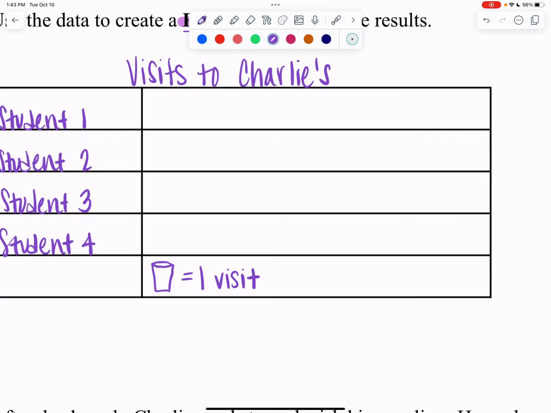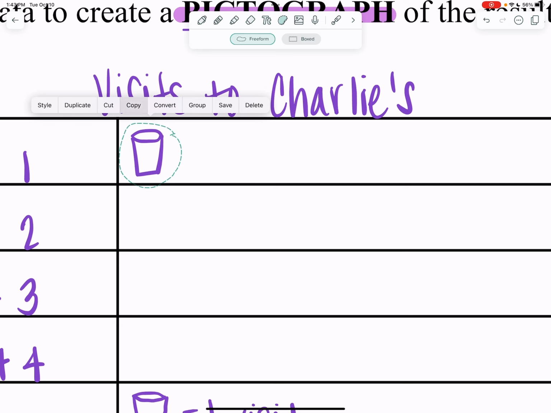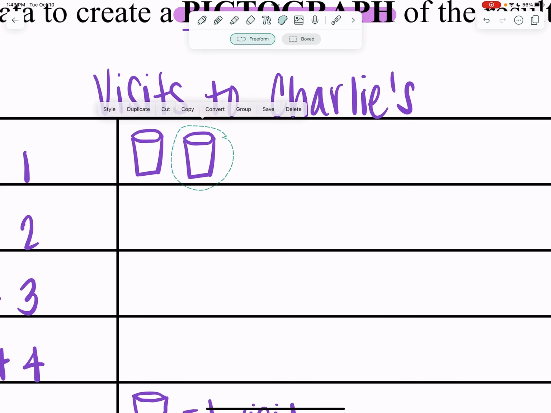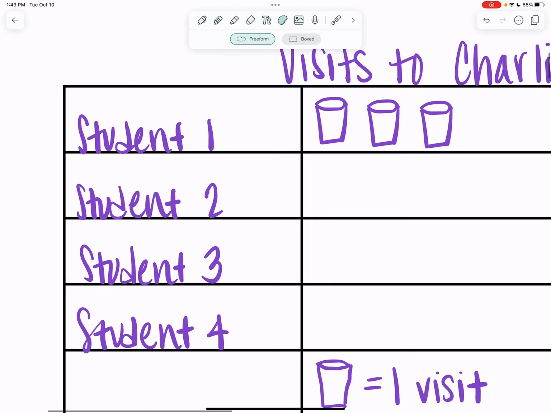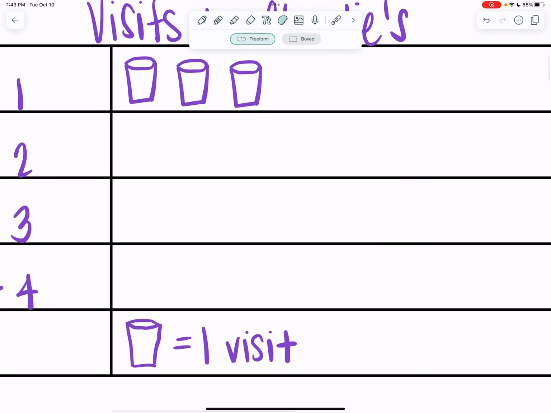So student 1 visited Charlie's 3 times. That means we need 3 of whatever symbol we picked. So there's 3 coffee cups, 1 for each visit. Student 2 went 7 times. Student 2 might need a caffeine support group.